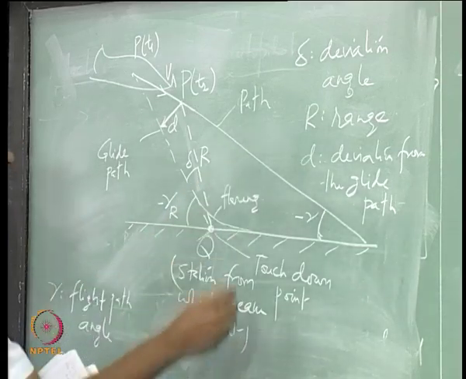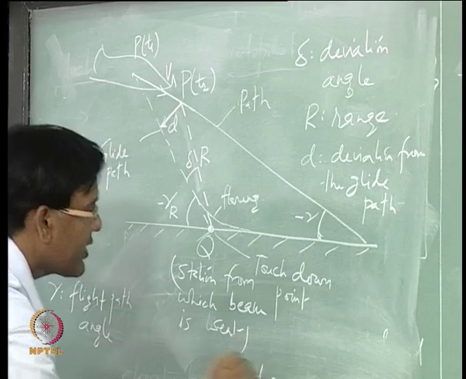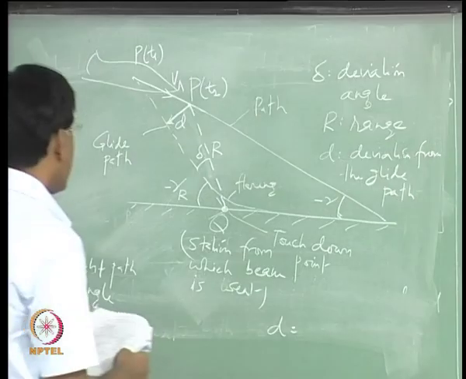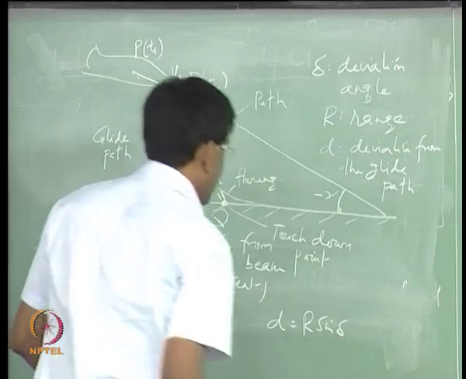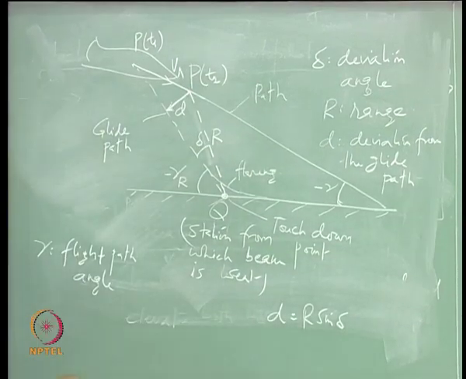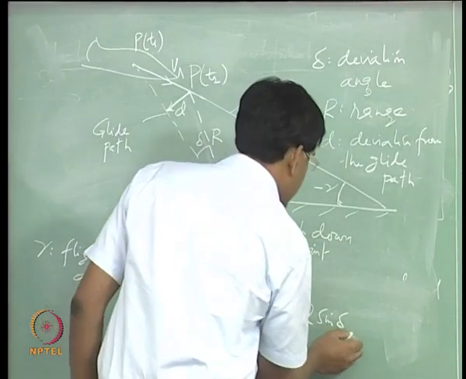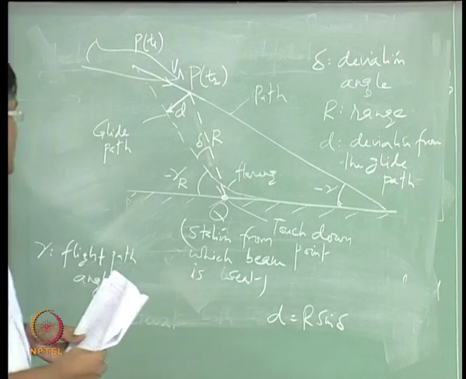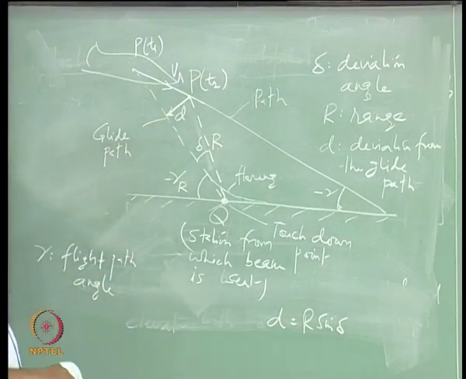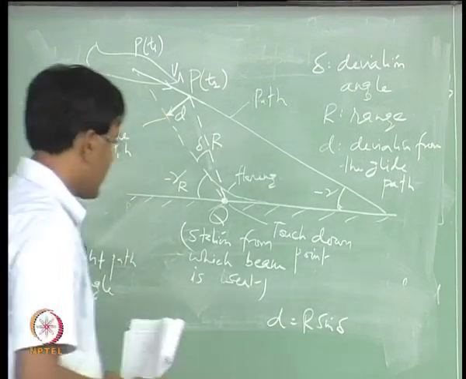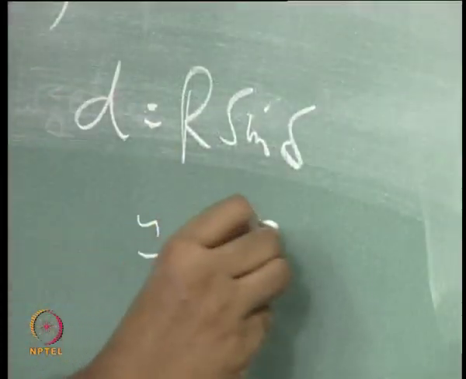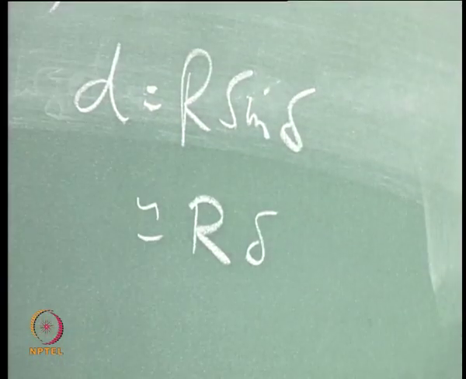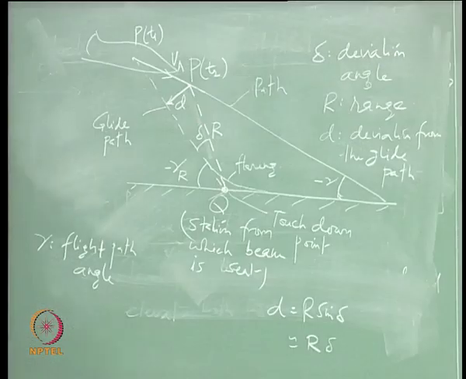So, the glide path deviation d is given by r into sin delta. This angle is usually small. So, even though the picture is looking big here, this angle is small, so that d is r into delta.